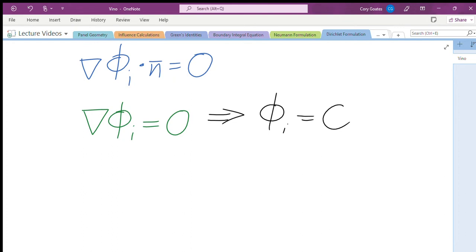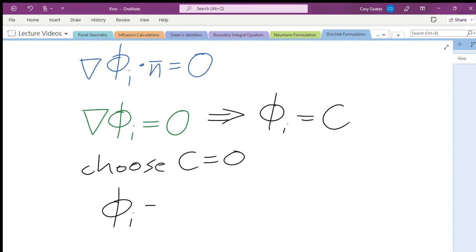So we choose C is equal to 0. And what that means is that the total potential on the inside of the configuration is 0, which means that the free stream potential plus the inner perturbation potential is equal to 0.